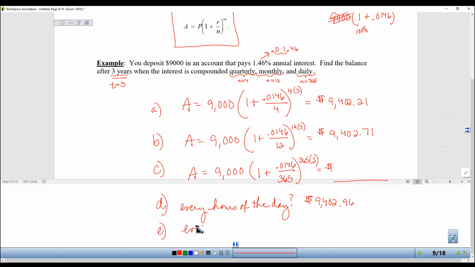Or what if you did it every minute of every hour of every day? Then you would have, hold on, you would actually still have $9,402.96. The difference is way out here in these numbers here. And because we only round to the nearest hundredth for cents, you don't see them. So the bottom line is there ends up being a limit.